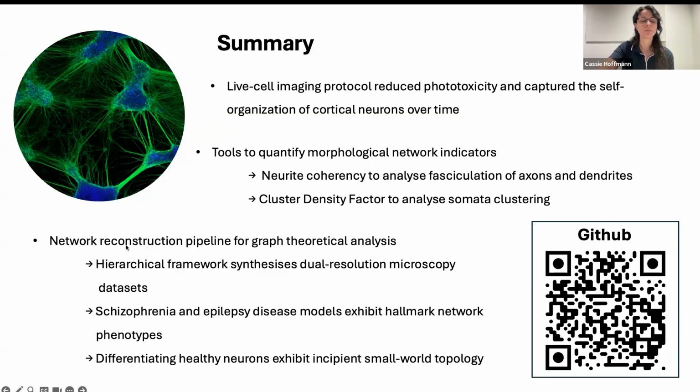We also generated a hierarchical network reconstruction pipeline that synthesized dual resolution microscopy data sets. We were able to use that pipeline to identify key network phenotypes in schizophrenia and epilepsy models, and to also identify emerging small world topologies in neurons that are differentiating from stem cells.